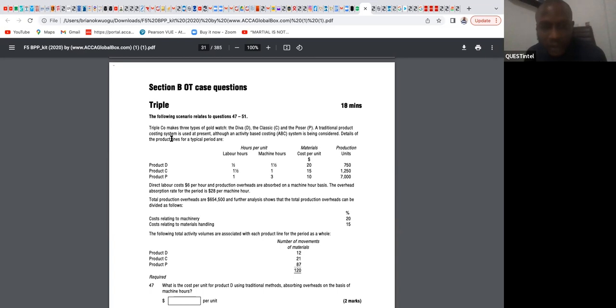So absorption costing is what they're talking about here. And they said, although an activity-based costing system is being considered, details of the product lines for a typical period are, so they've given us our hours per unit, labor hours and machine hours, our material cost per unit, and our production units.